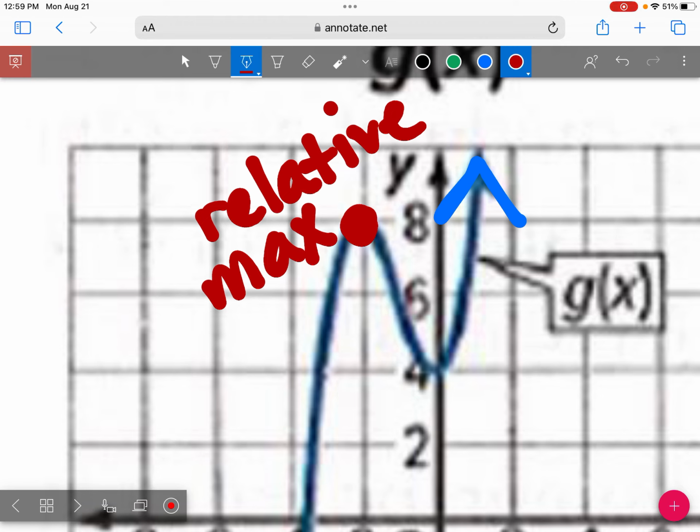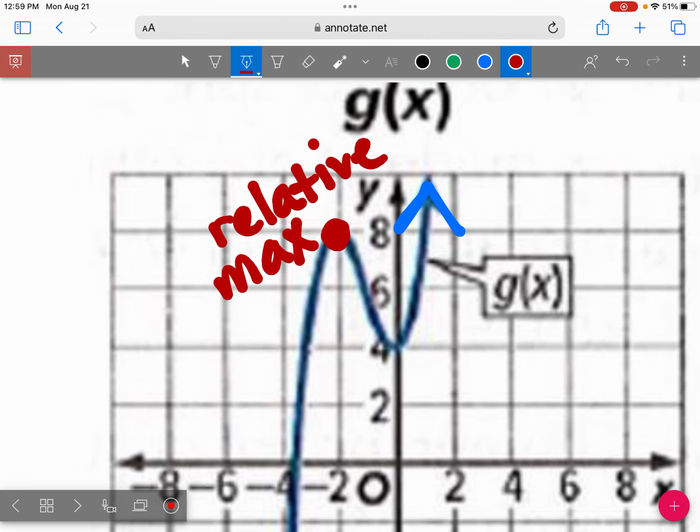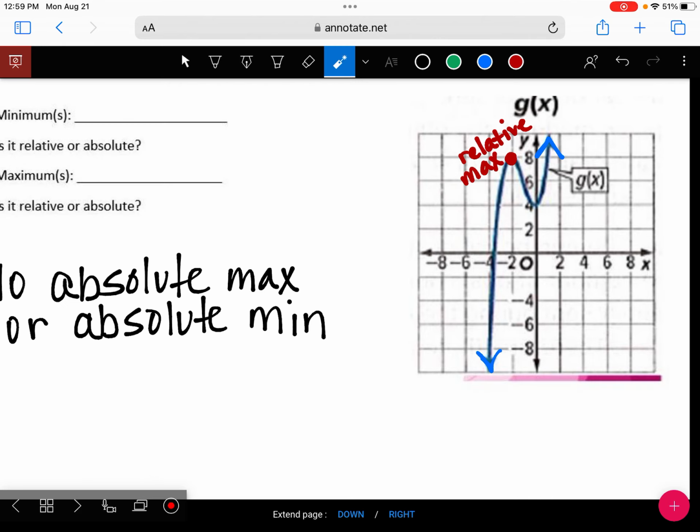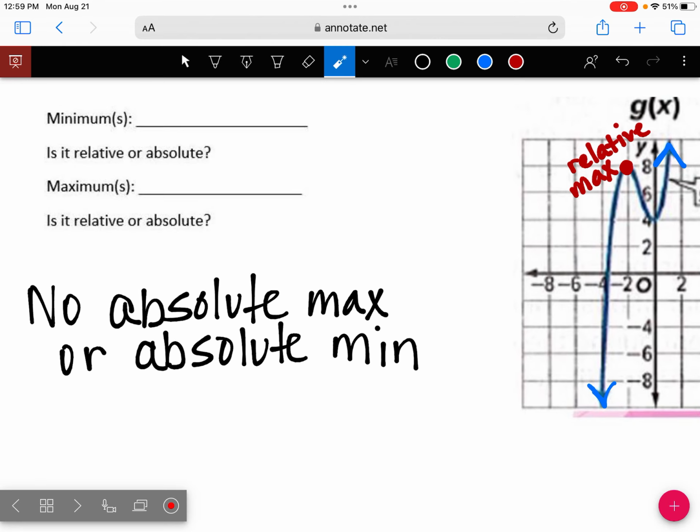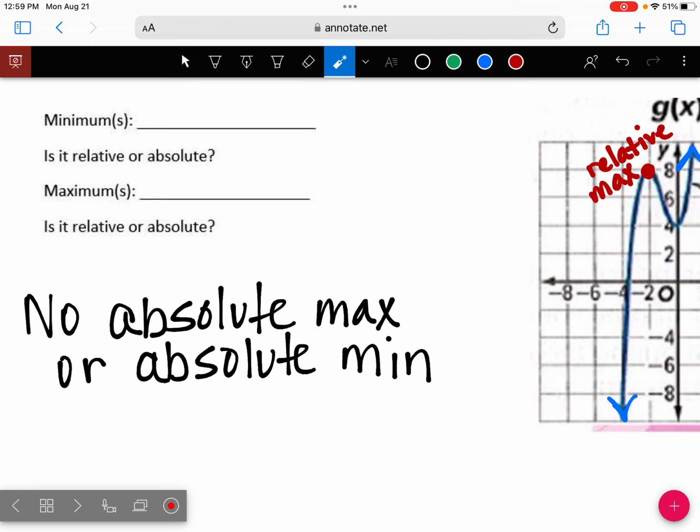So let's go ahead and name that point as an ordered pair. So this point occurs at x equals -2. Y is equal to what right here? 8. So at relative max, where it says max, I want you to write -2, 8. And we're going to circle that that is a relative, not an absolute.